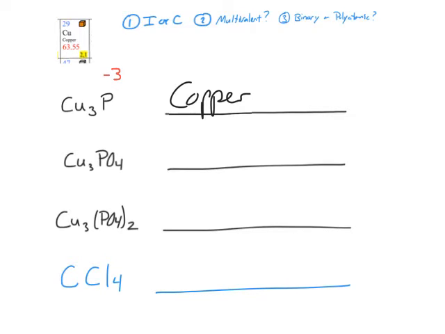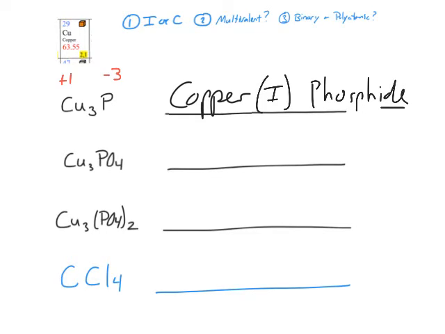Each one must have a +1 charge. So in this case, I know that copper is using its 1 or +1 charge. So I'll write a Roman numeral 1 and then the ending. We're going to change phosphorus to phosphide. The IDE ending indicates a binary compound.